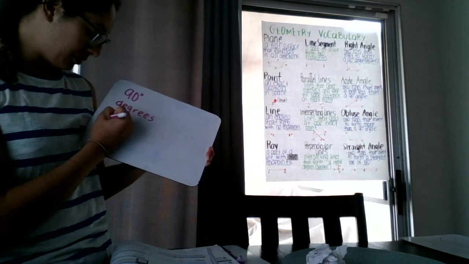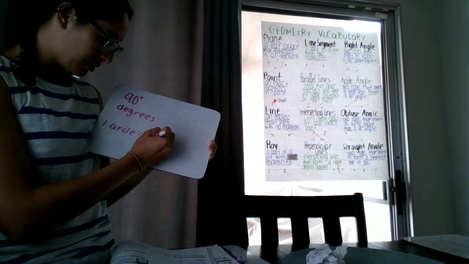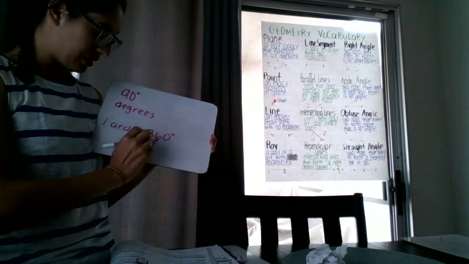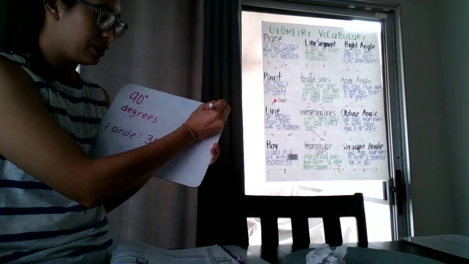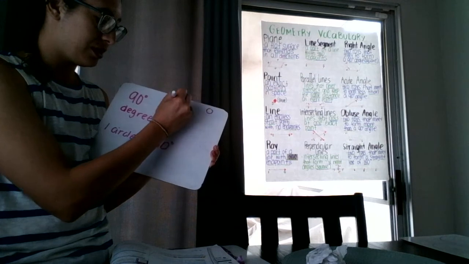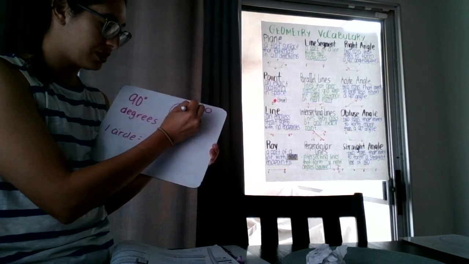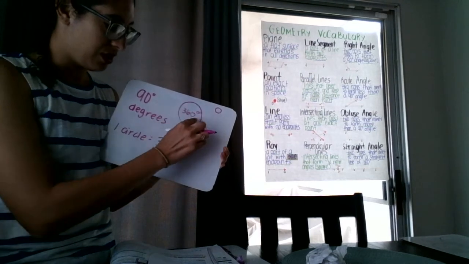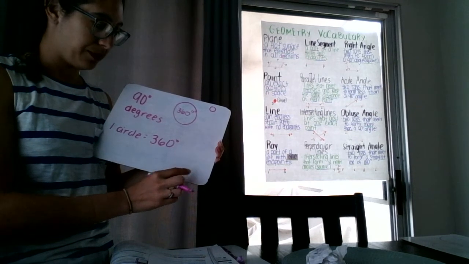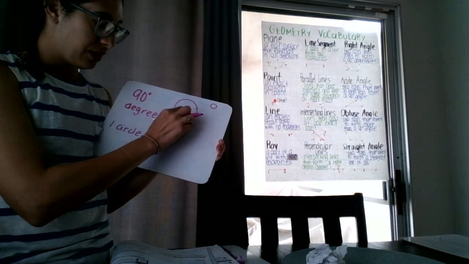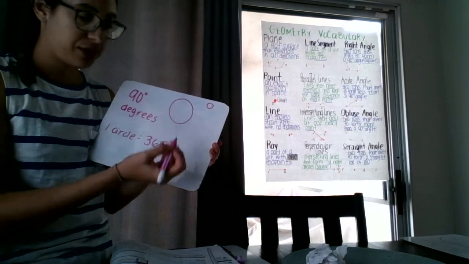Okay, so now that you understand that angles are pulled out of circles, I'm going to tell you that one circle is equal to 360 degrees. Okay, so every circle, whether it's this small or whether it's this size, they all equal 360 degrees, okay? All inside, okay? 360 degrees. Now, 360 degrees, that's 360 parts in here.